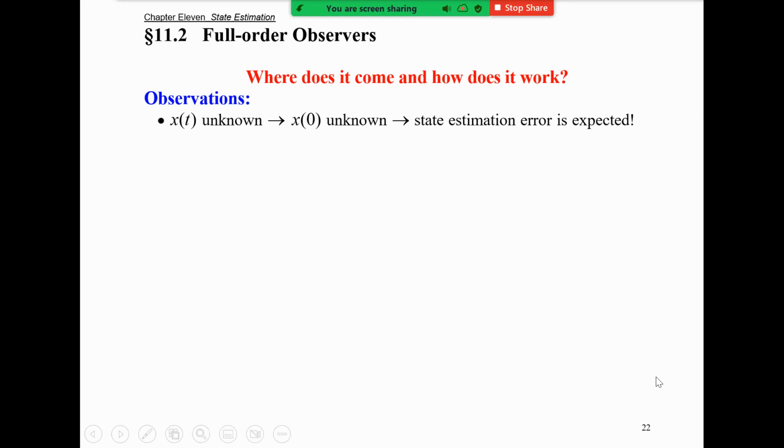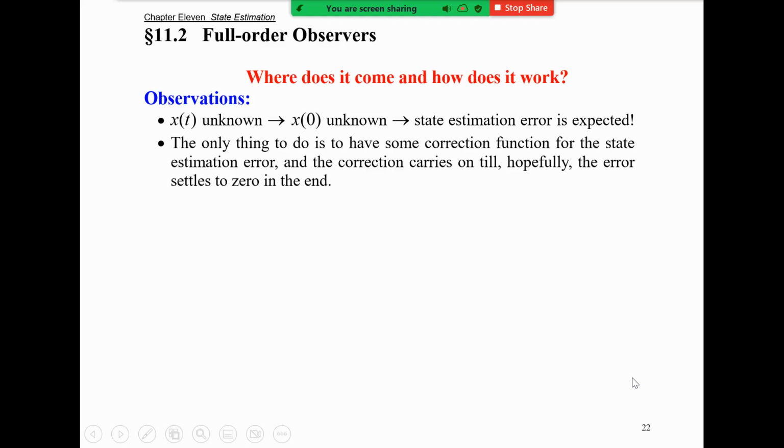If we don't know the initial state, then a state estimation error is expected. Therefore, we have to correct. We have to have some correction mechanism, and we want the estimation to be corrected in such a way that the estimation error will go to 0 at the end.